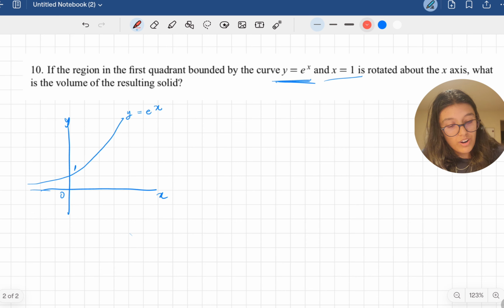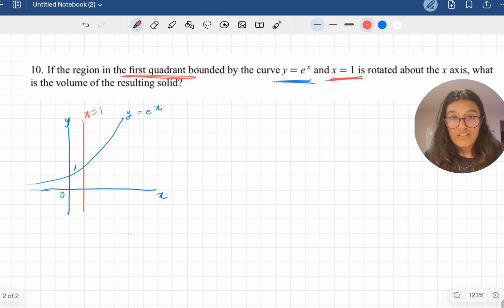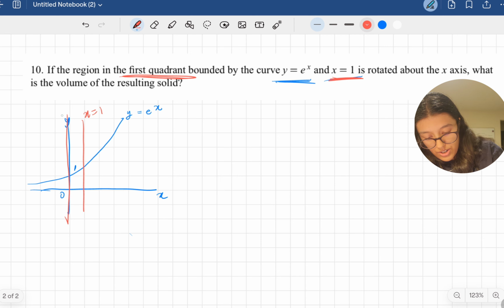But we see in the first part of the problem, it says the region in the first quadrant. First quadrant is basically 0 all the way to infinity towards the right side. So that means our lower bound is going to be x equals 0. So we're basically finding the volume of the curve y equals e to the power of x rotated about the x-axis between x equals 0 and x equals 1.